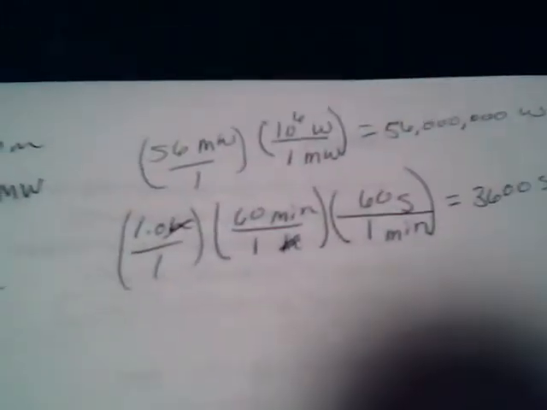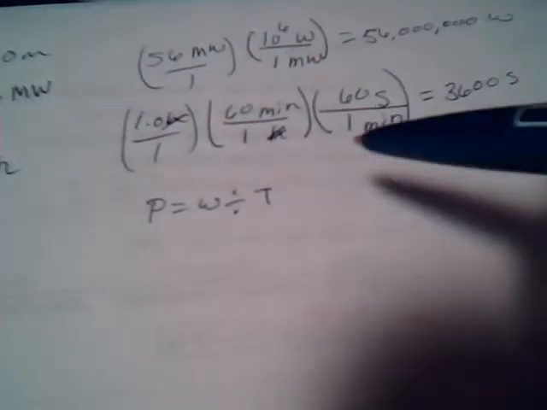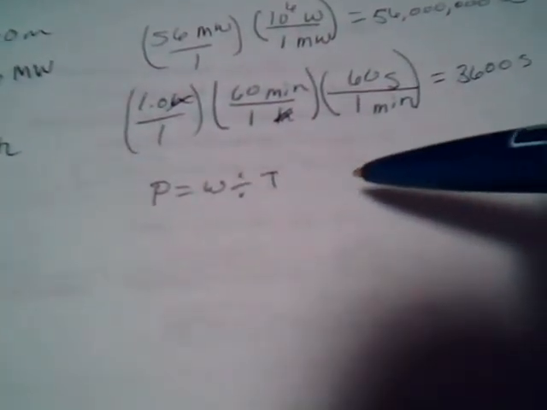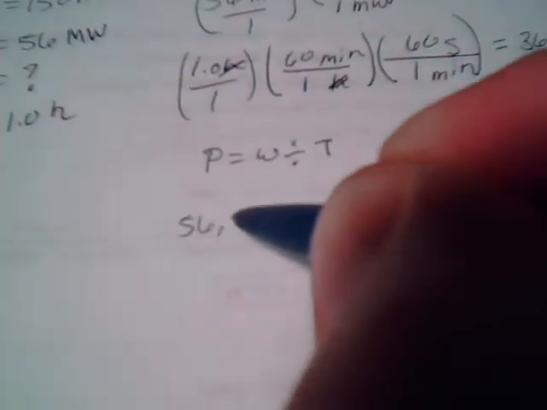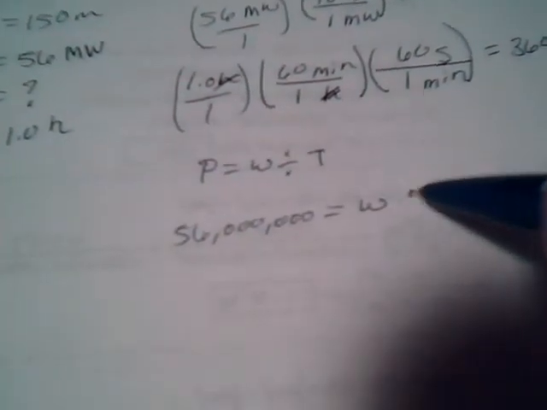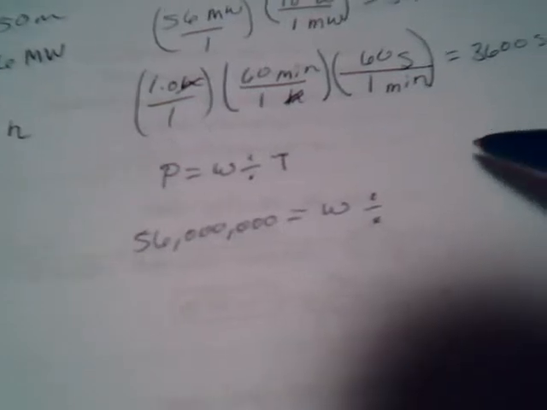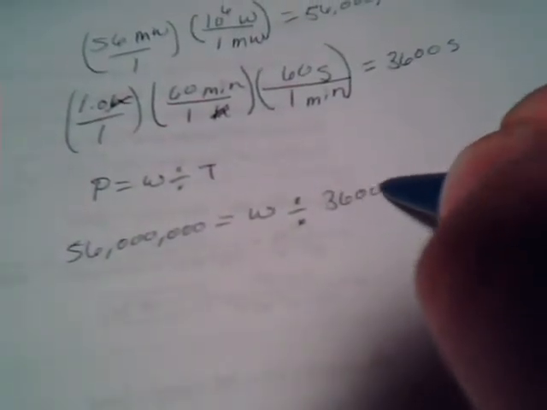Adjusted time and power. So remember, power is equal to work divided by time. That is the formula that all of these questions on page 5 will work off of. So we know our power is 56 million watts. We know our work is what we're looking for, and that's divided by our time that we calculated to be 3,600 seconds. Right now they're divided.